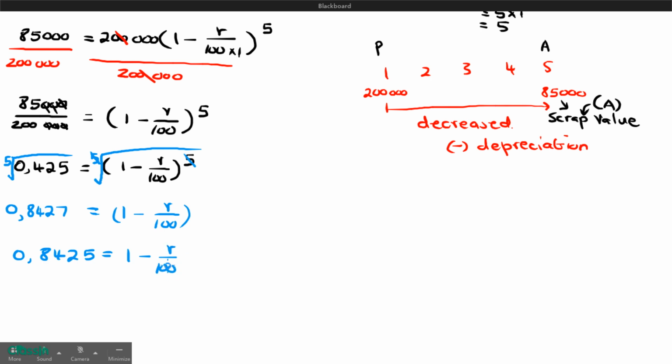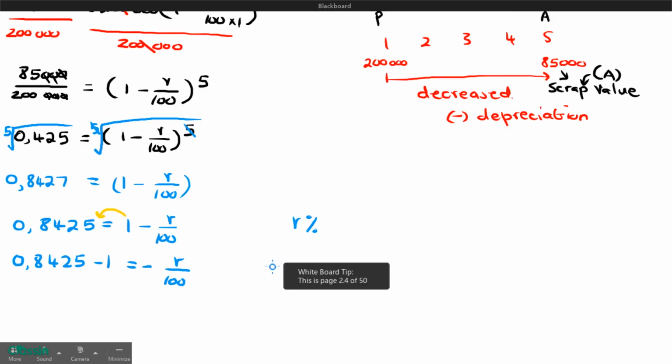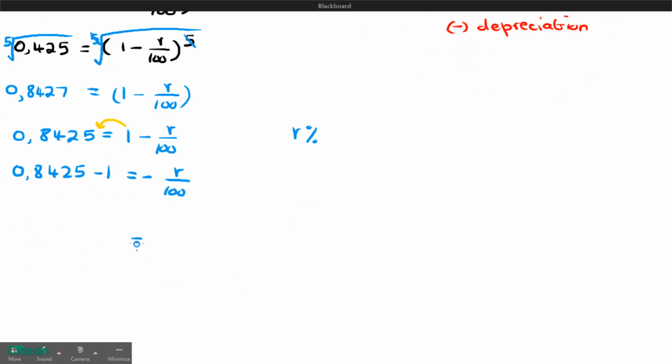But you must be aware that R over 100 is not R percent. Okay? Now, from there, the 1 will come this side. And then we have 0,8425 minus 1 equals to minus R over 100. I have shown that R over 100 is in the form of a percentage. So now it means that I've got negative R percent.